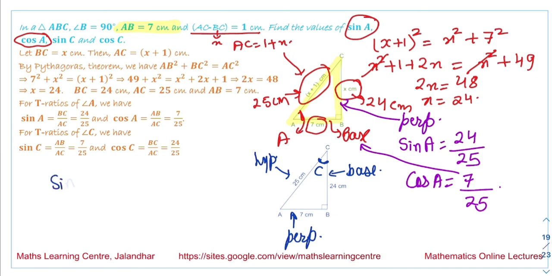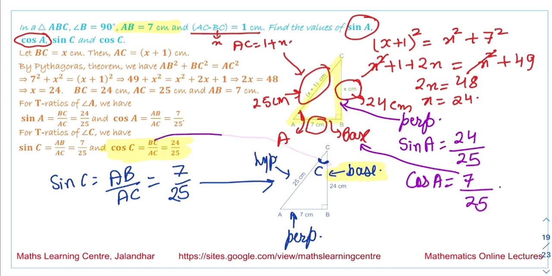So the value of sine C is AB over AC, that is perpendicular over hypotenuse, and that is equal to 7 over 25. Similarly, the value of cos C will be base over hypotenuse. The base over here is BC, and the hypotenuse is AC. So the answer we are getting is 24 by 25.